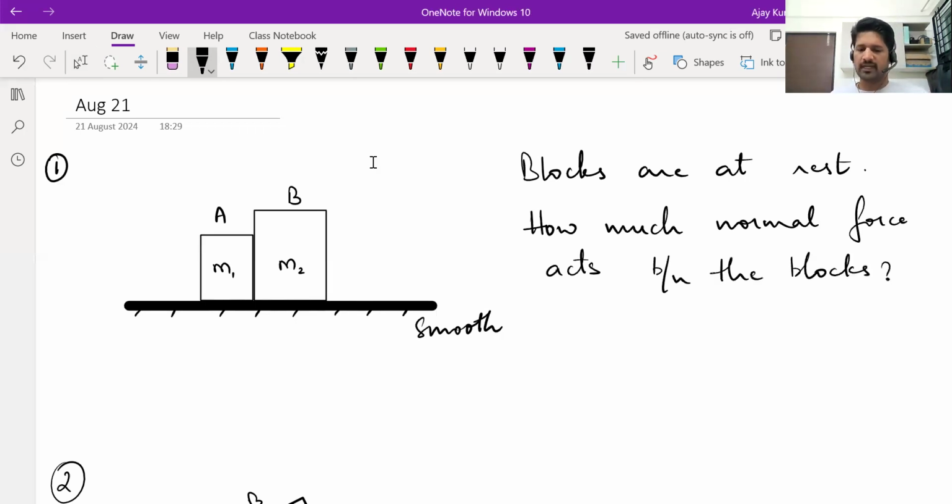How much normal force acts between the blocks? Try to recollect how we generally calculate normal force. There's no direct formula for normal force. We have to first consider the other forces acting on the objects.